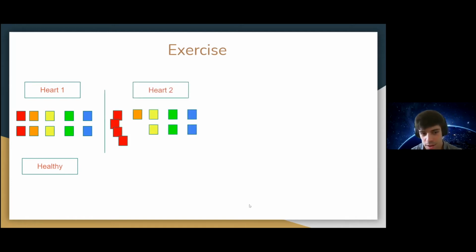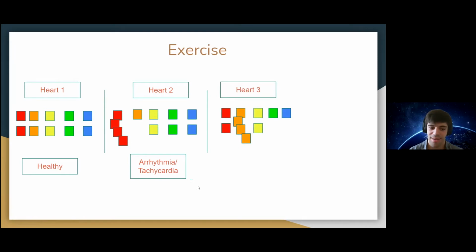The next heart I'll tell you is diseased, and actually it has an arrhythmia. As you could see, there's a lot of something at the beginning, so it's probably an atrial arrhythmia. And when we look at heart 3, it looks like heart 2, so it too is probably an arrhythmia.